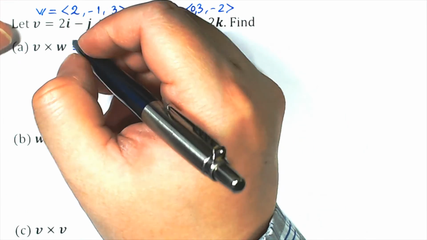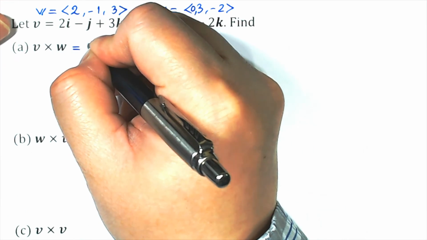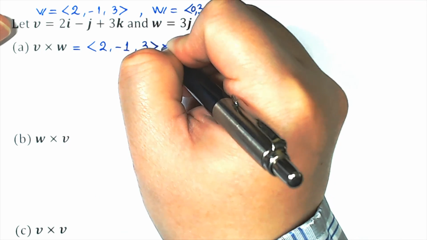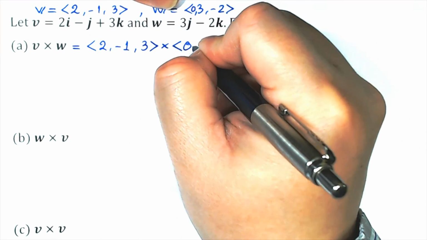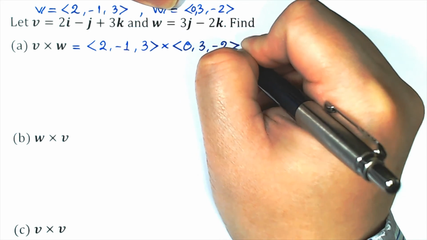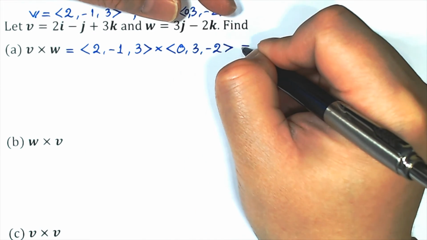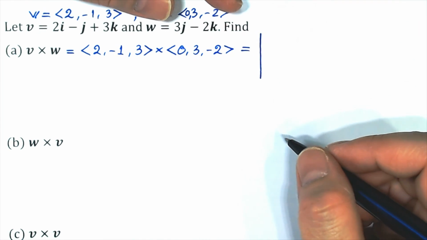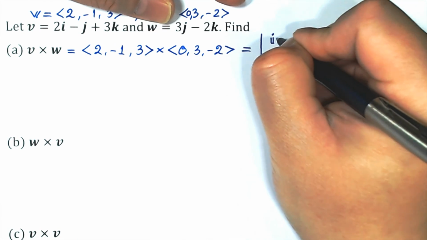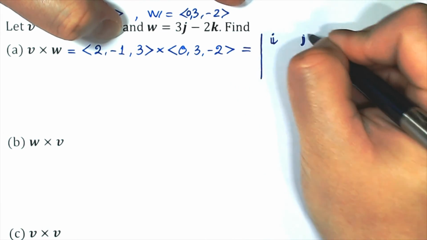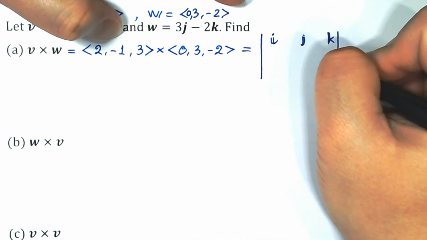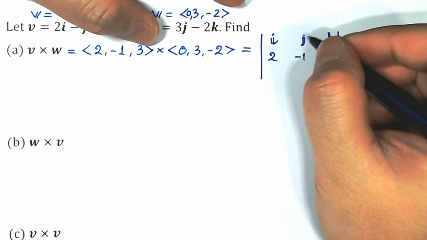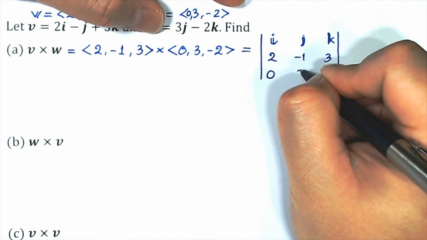Now v cross w. So this will be a 3 by 3 determinant, with i, j, and k on the first row, the second row is the first vector, and the third row is the second vector.